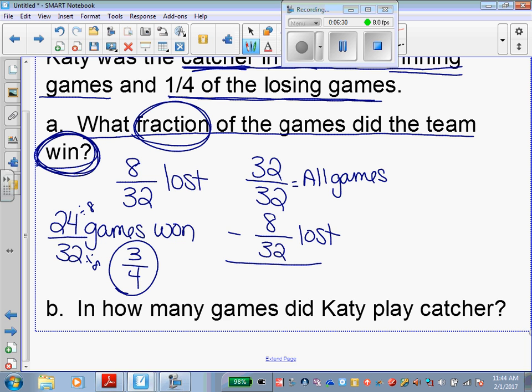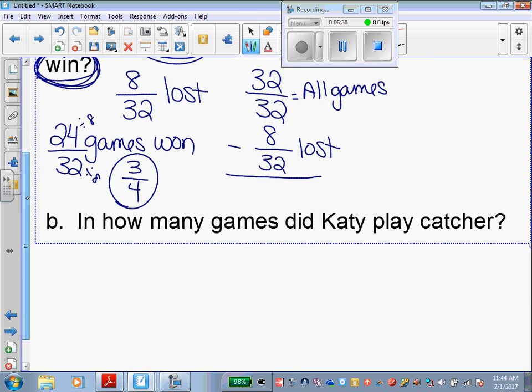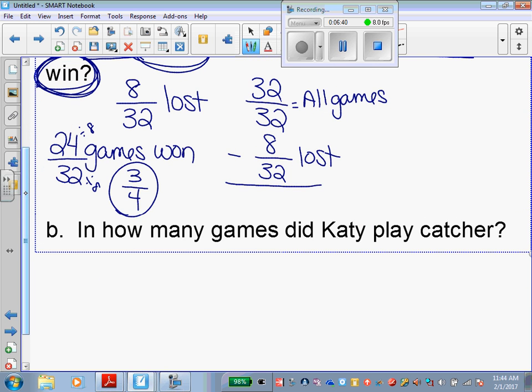On your paper, make sure that your paper looks like the work on the board here. Okay, did I label my work? Yes. Brandy.